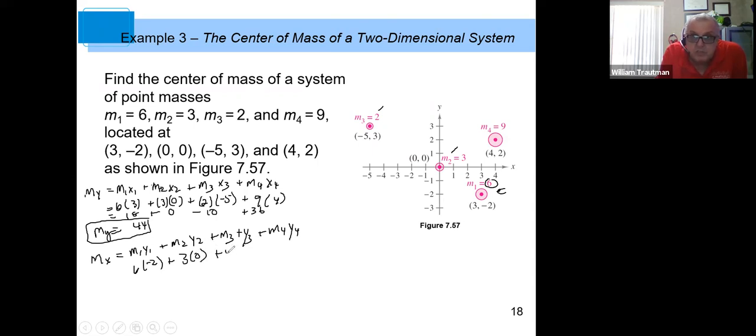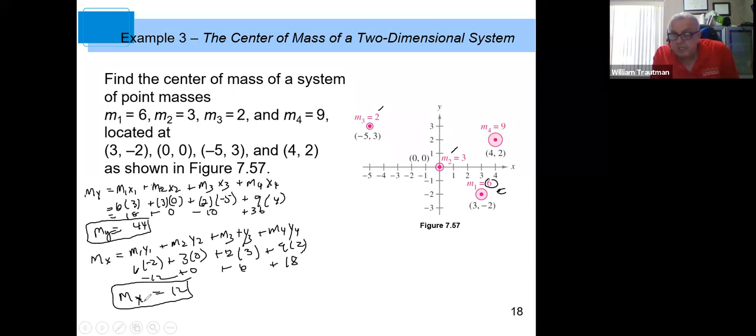The mass of number 3 is 2, its y value is 3. And the mass of number 4 is 9, its y value is 2. So I get -12 plus 0 plus 6 plus 18. 18 and 6 is 24, and 24 minus 12 is 12. So there's the moment about x.